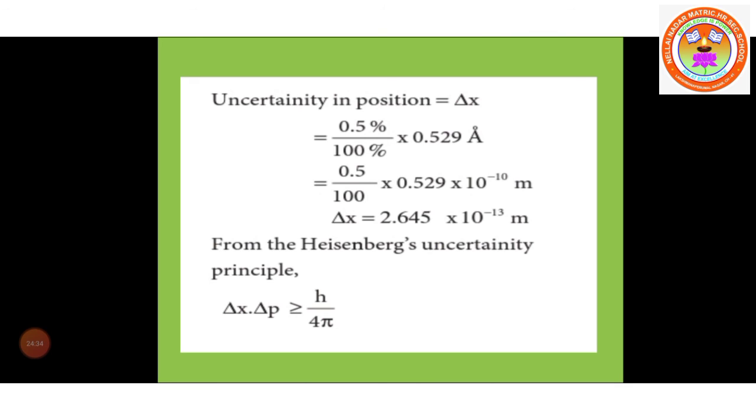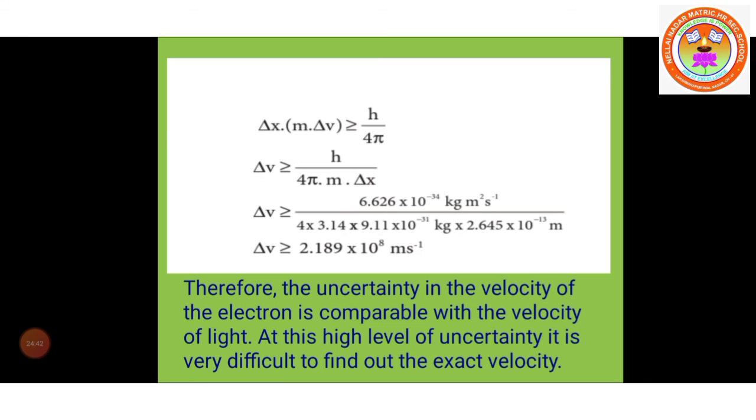From the Heisenberg uncertainty principle, what is the formula? Delta x into delta p is greater than or equal to h by 4 pi. We already know that momentum delta p is equal to m v, so delta p is equal to m delta v. Instead of momentum we substitute m delta v.